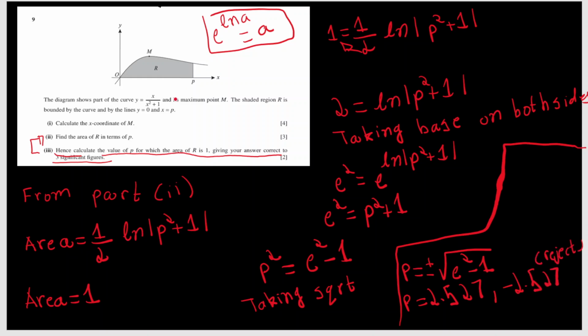But as the question says, giving your answer correct to three significant figures, this is going to become p is equal to 2.53, because the 27 is much closer to 3. So this is one significant figure, two significant figures, three significant figures. Over here we have four significant figures.